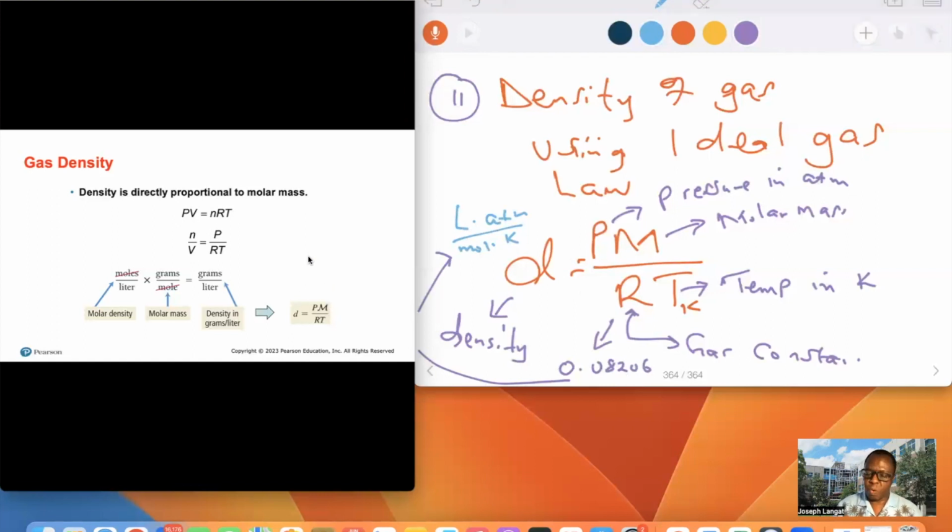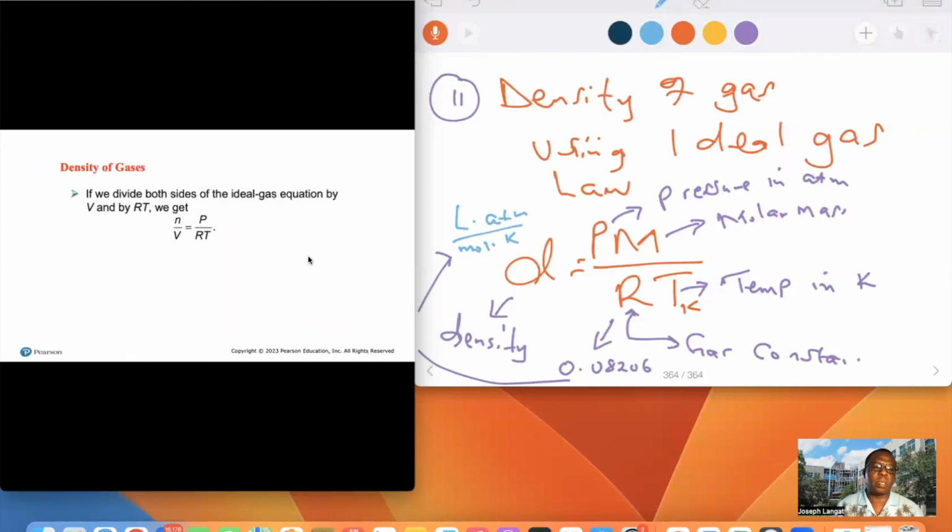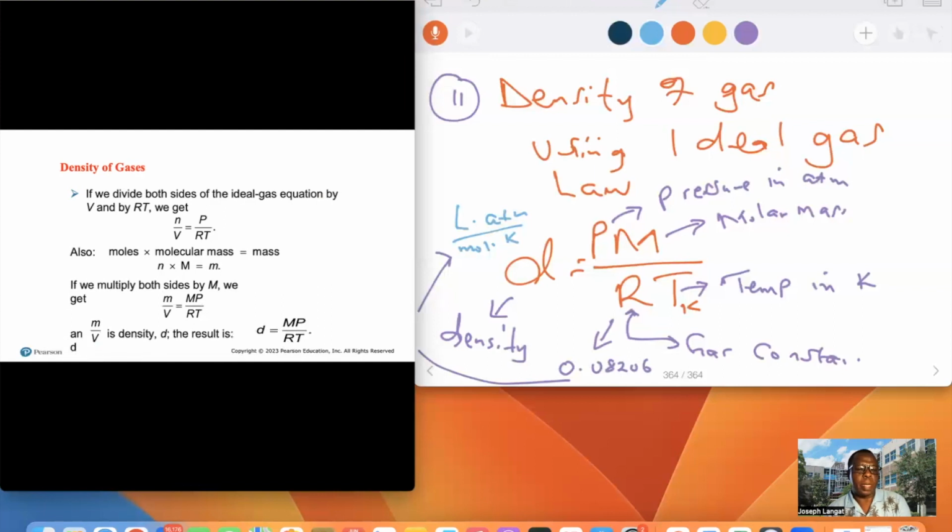So that's the equation for finding the density of a gas using the ideal gas equation. We can also manipulate the ideal gas equation to find the molar mass of a gas.